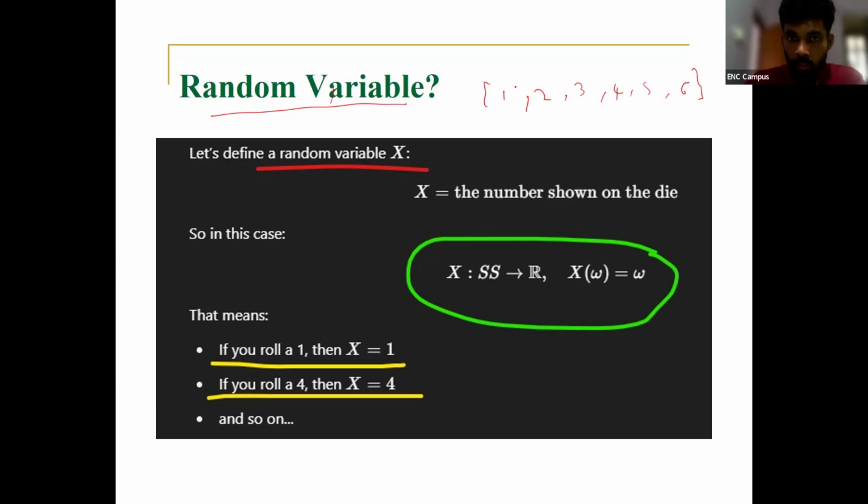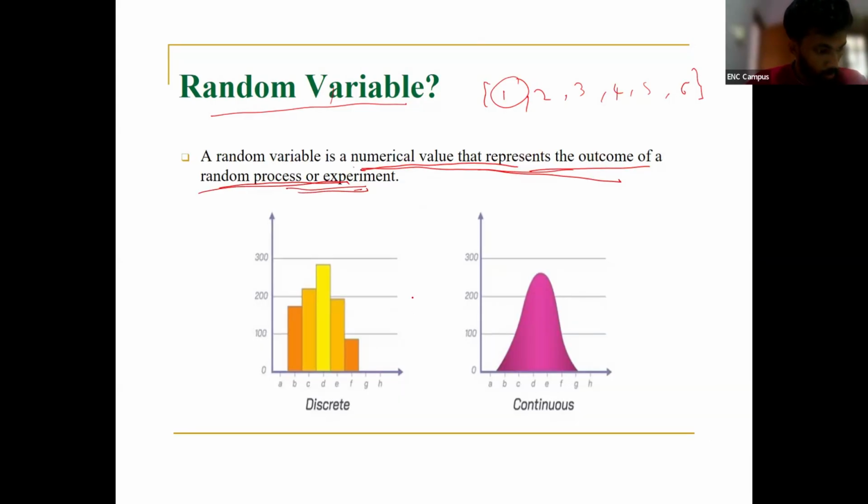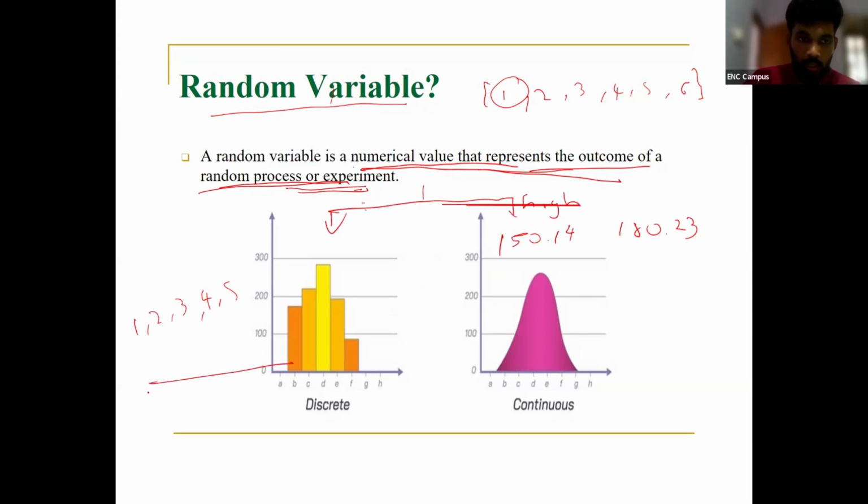So this is a random variable. This random variable's value can be discrete or continuous.